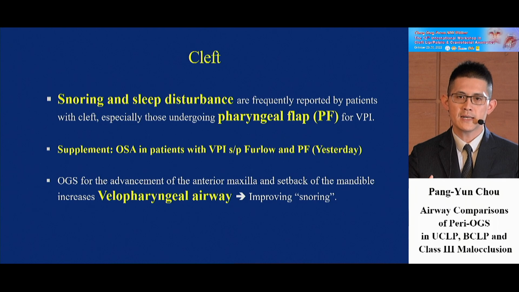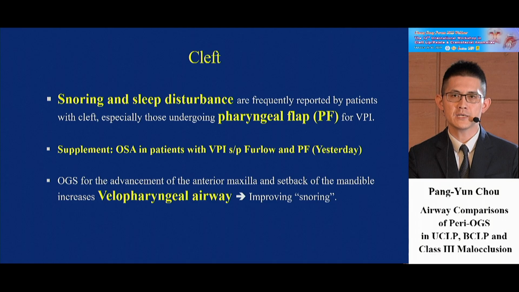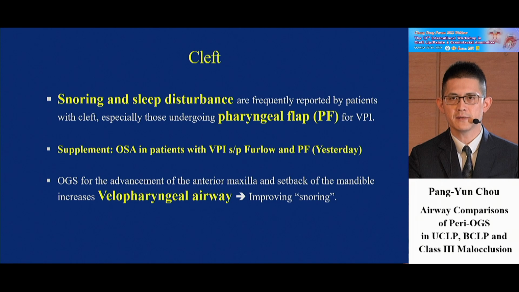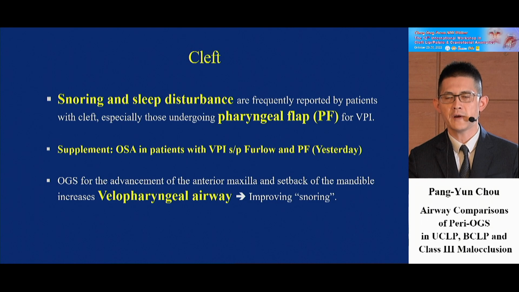However, in my study, the scenario is a different type. I just want to know what the airway is before and after OGS, and I separated those groups with pharyngeal flap to know the airway change.